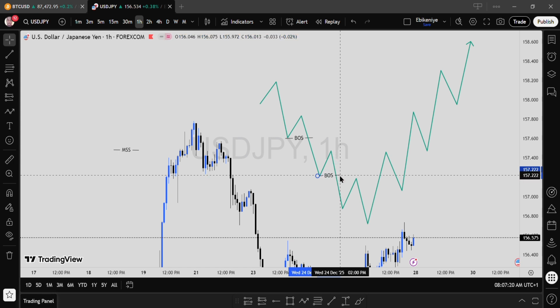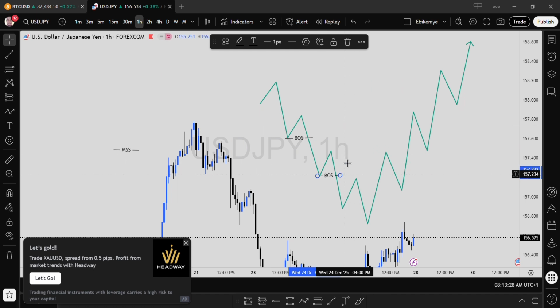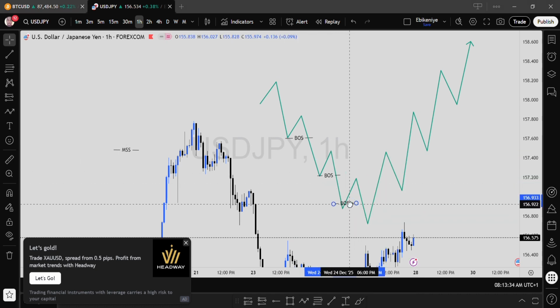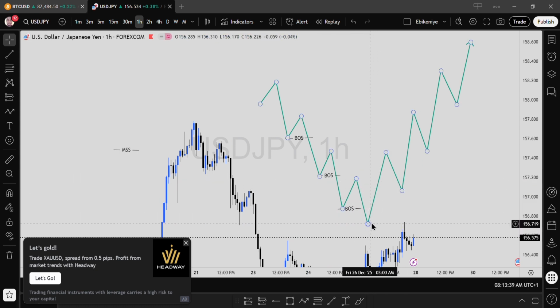It's all the same, the consistent breaking. If we clone this again, we'll have this break here, after which the market moved.